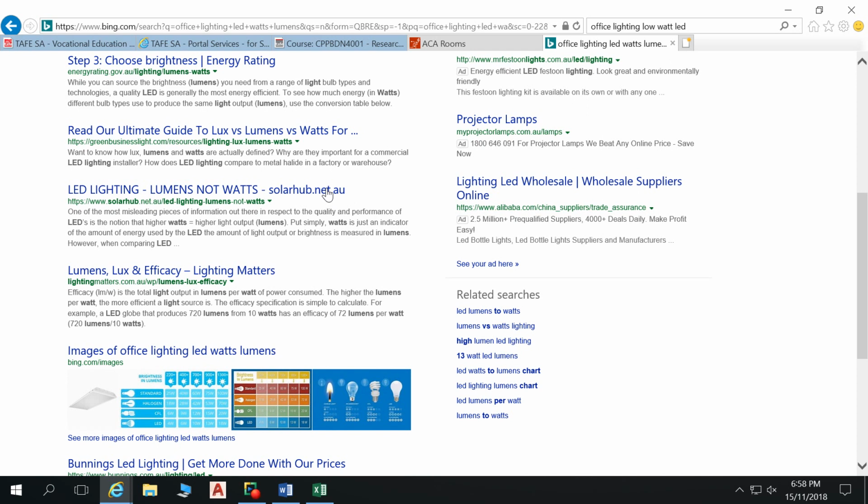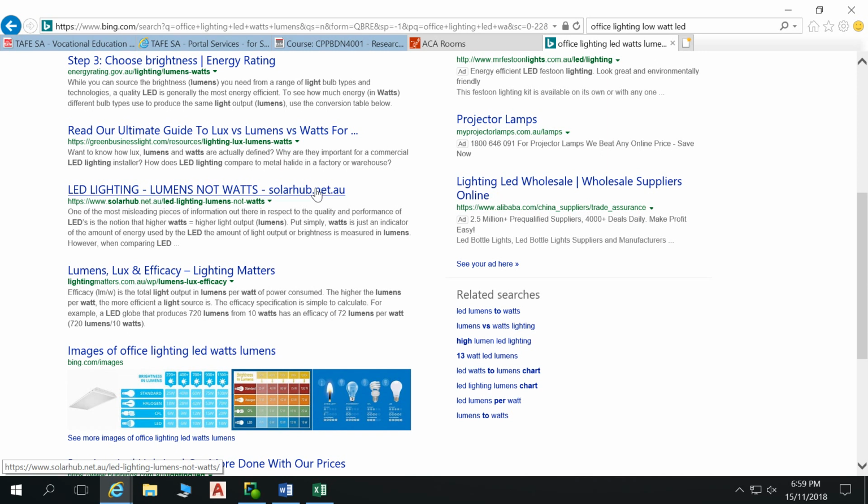So that's going to be 21 watts by 90. So 21 by 90 equals 1,890 lumens per 21 watts.